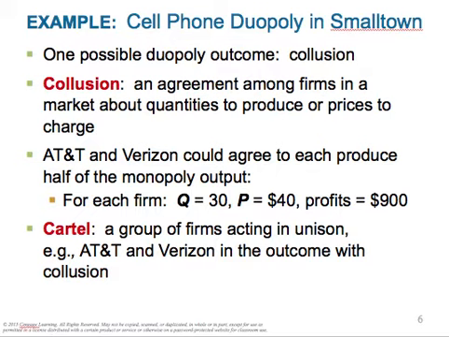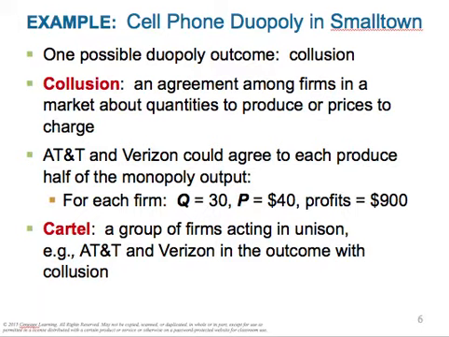Now, let's look at a cell phone duopoly in Smalltown where there's one possible duopoly outcome: collusion. Collusion is an agreement among firms in a market about quantities to produce or prices to charge. So two firms in a duopoly agree to work together about what to produce and how much to charge for it.